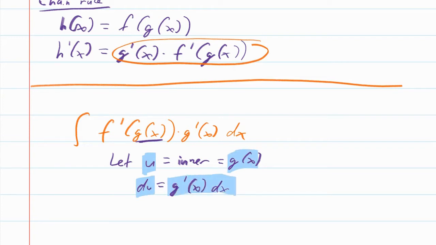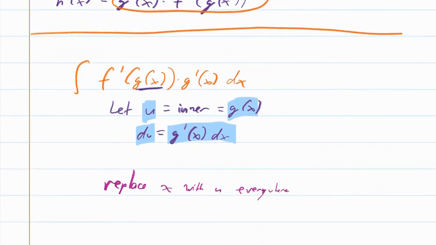Now we're going to do lots of substitutions. In fact, we're going to replace x with u everywhere. And everywhere meaning there's just a few replacements that we are making now that we've done the substitution. For one, let's start with this thing here. This means that dx was equal to du over g prime of x.